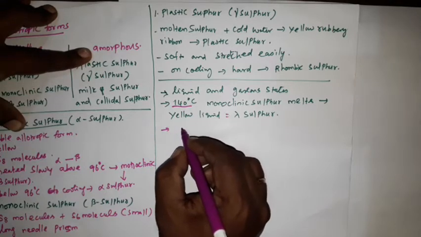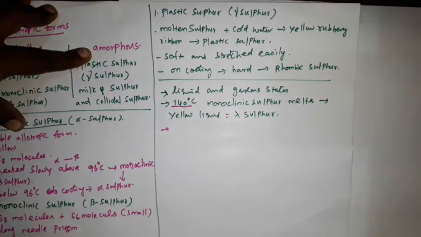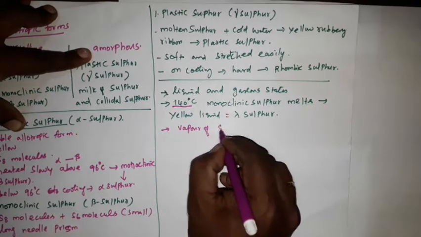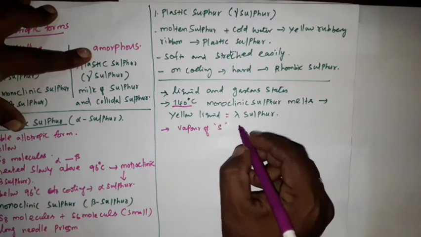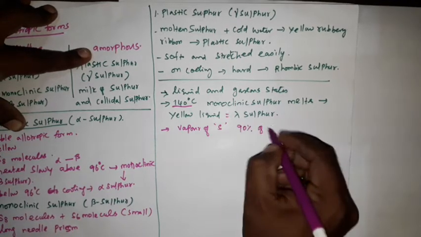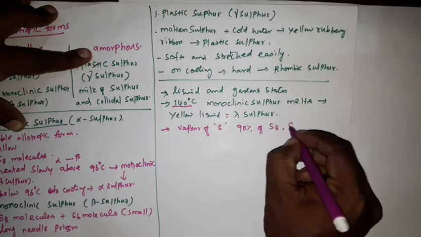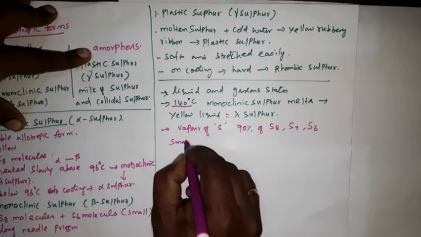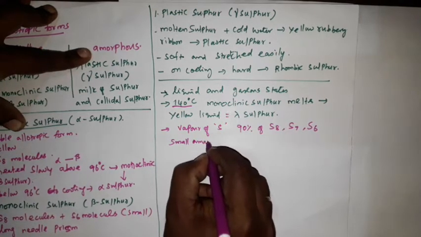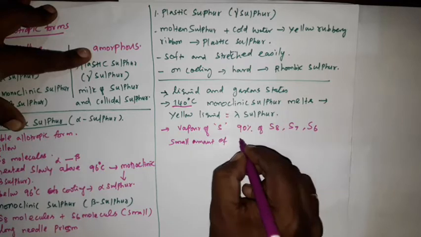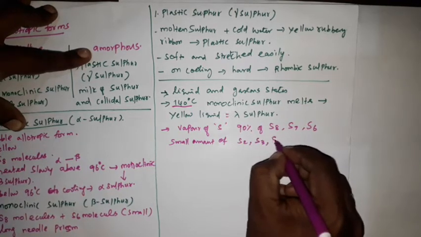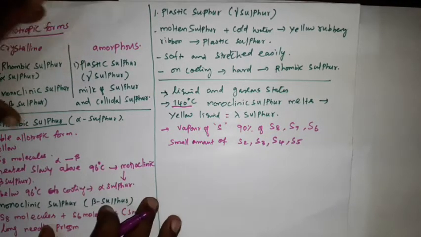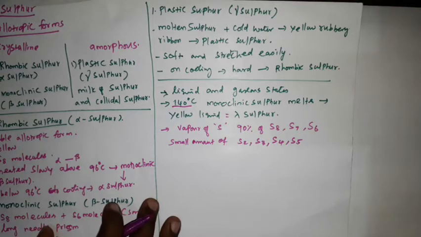The vapor of liquid sulfur consists of 90% S8, S7 and S6 molecules, and a small amount of S2, S3, S4, S5 molecules. Okay, so that's all about some basic knowledge about sulfur.